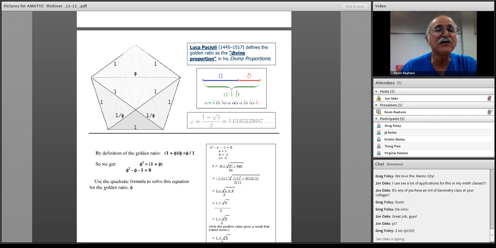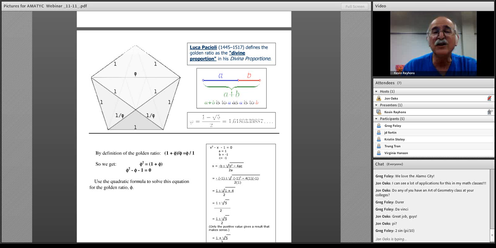Now, we also see a pentagon there with lots more diagonals. If the side is 1, the diagonal is the golden ratio number, which is 1.6 something something something, and that's depicted by the Greek letter phi.